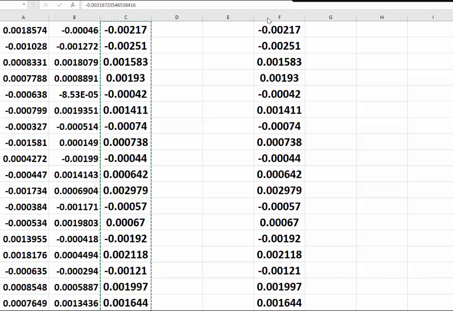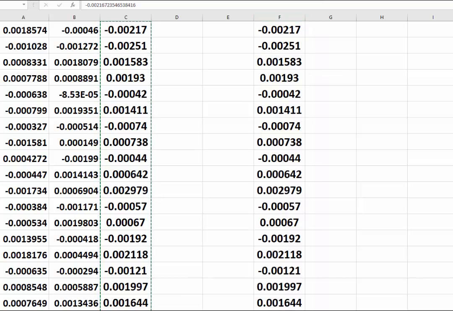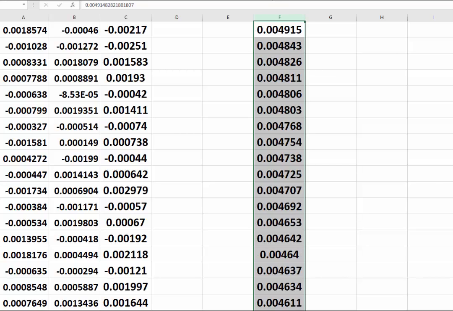So data, and I want to sort it. When I'm sorting it from A to Z, you can see that the smallest distance is less than 0.01. And if I sort it from largest to smallest, that is less than 0.01 as well.